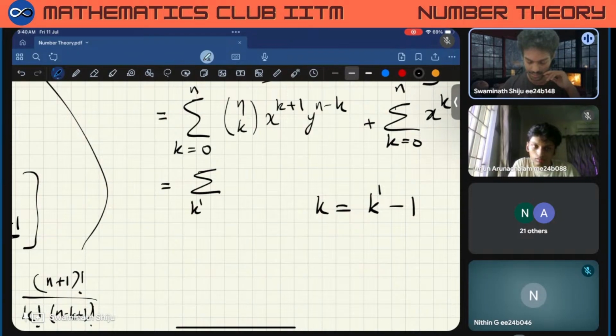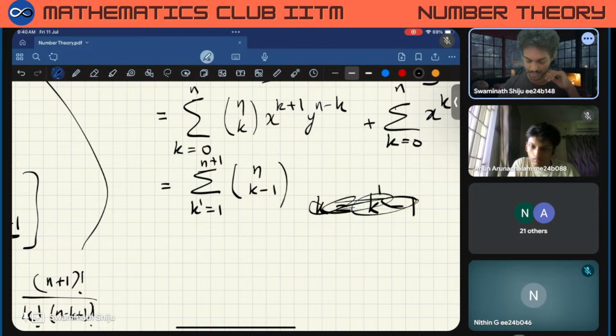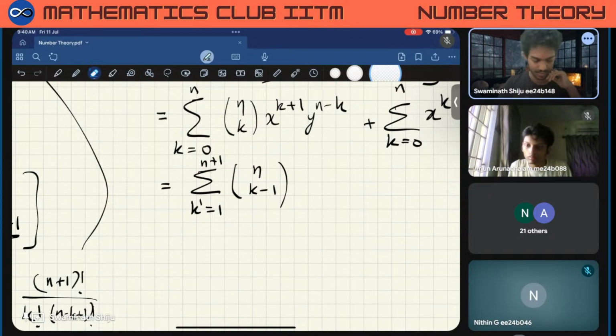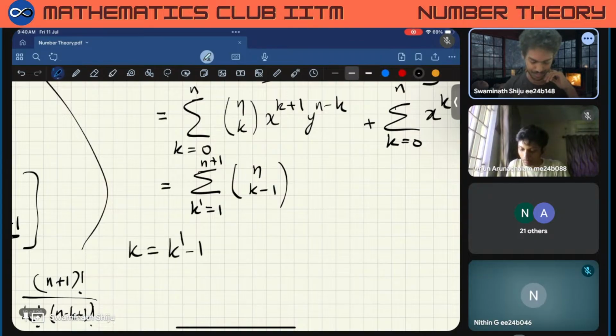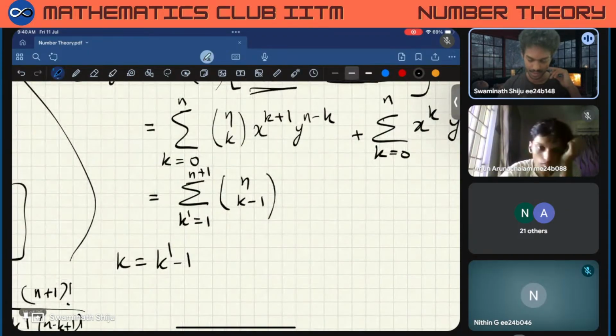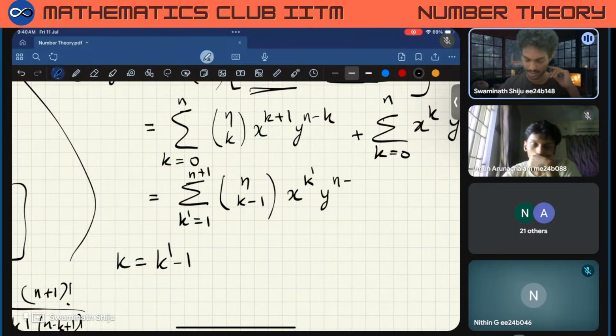So k dash runs from 1 to n plus 1, nC(k dash minus 1), and here this will be x to the power k dash and y to the power n minus k dash plus 1.